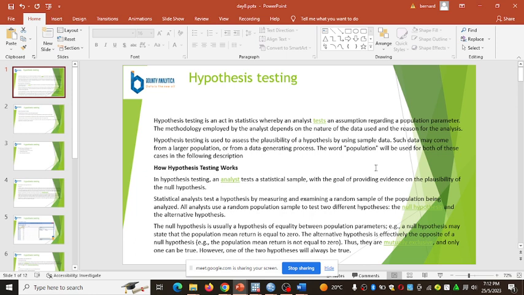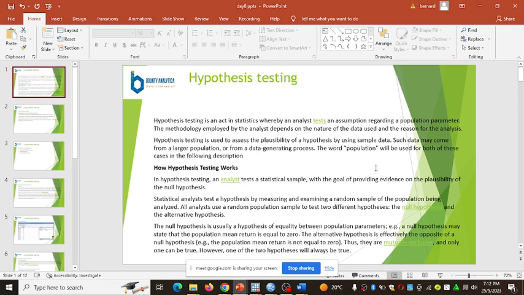So all analysts use a random population sample to test the two different hypotheses, the null and the alternative.